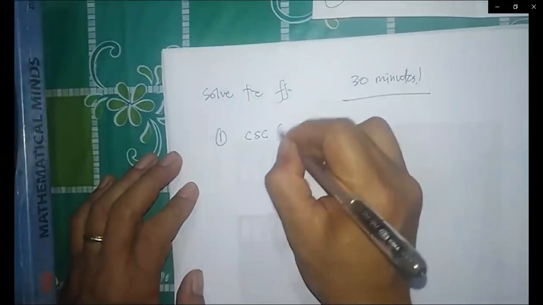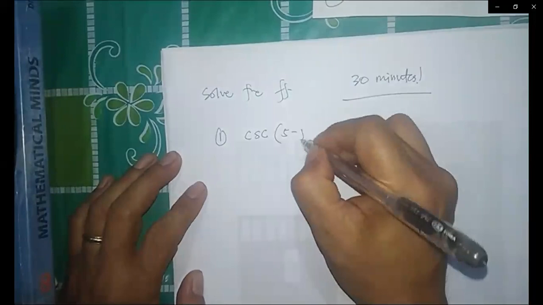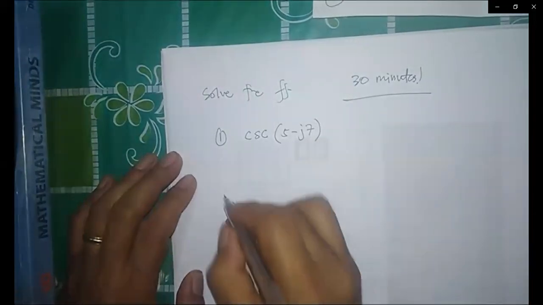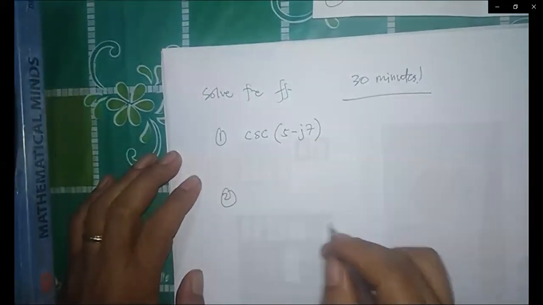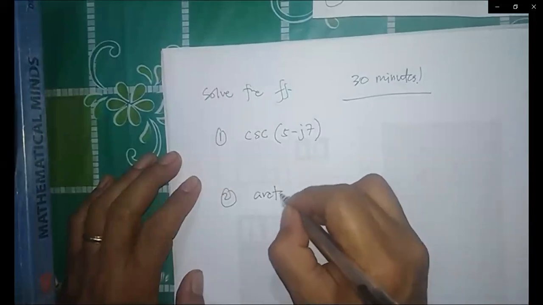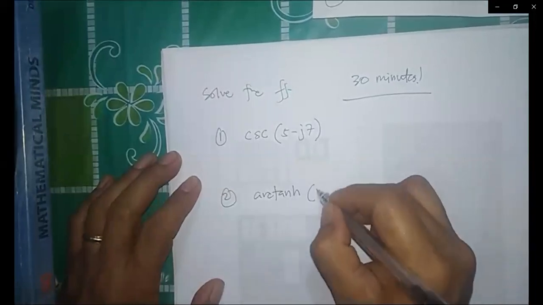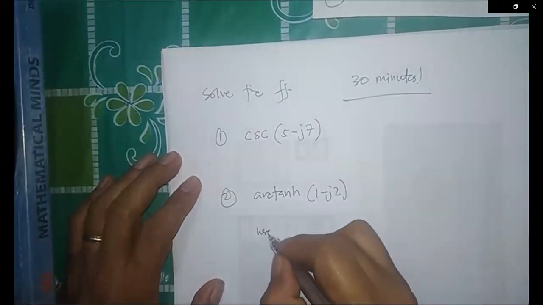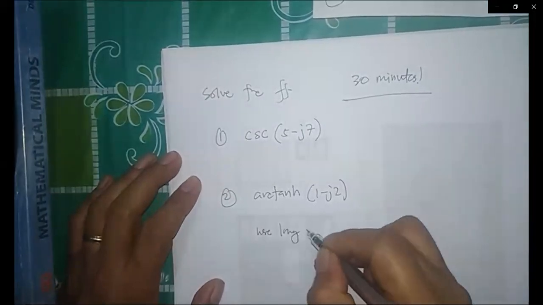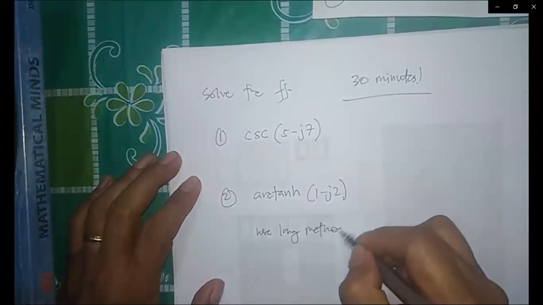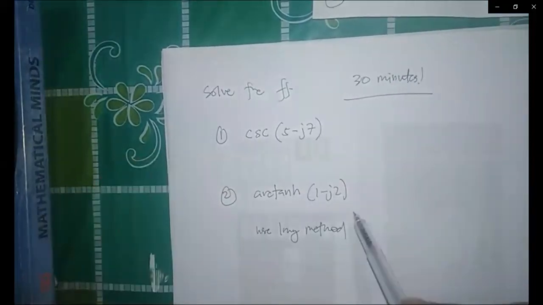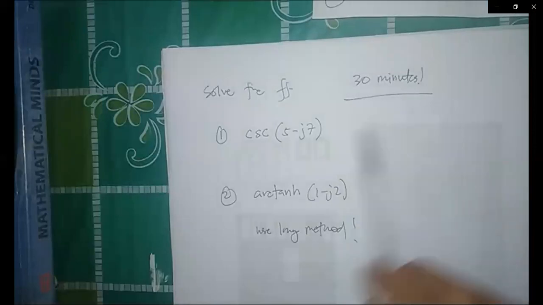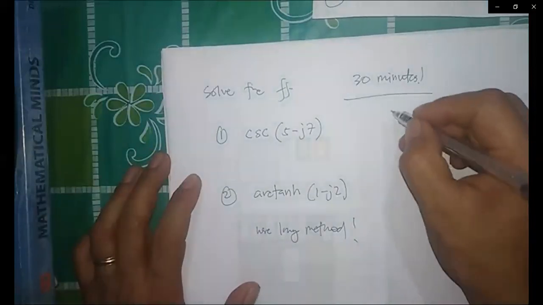What is the value of cosecant 5 minus j7? Remember, cosecant is just the reciprocal of sine. And for number 2, the hyperbolic arctangent of 1 minus j2. So for this activity, you are going to use the long method. And of course, check your answer using the short method. So pause this video, solve the problem.